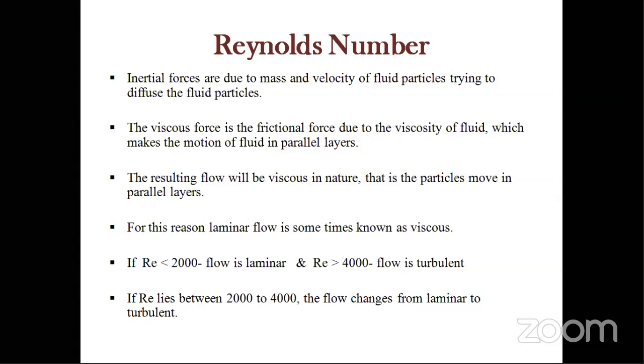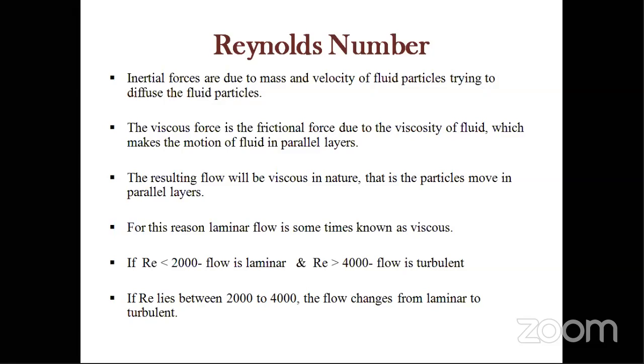If the Reynolds number is less than 2000, it is laminar flow, or if the Reynolds number is greater than 4000, it is called turbulent flow. If the value lies between 2000 and 4000, the flow changes from laminar to turbulent.